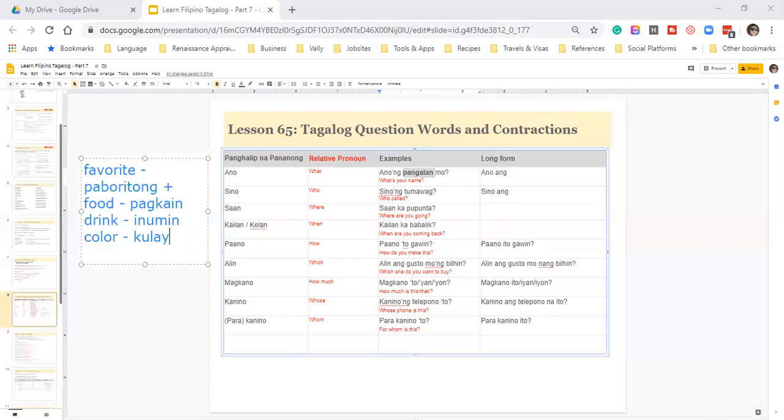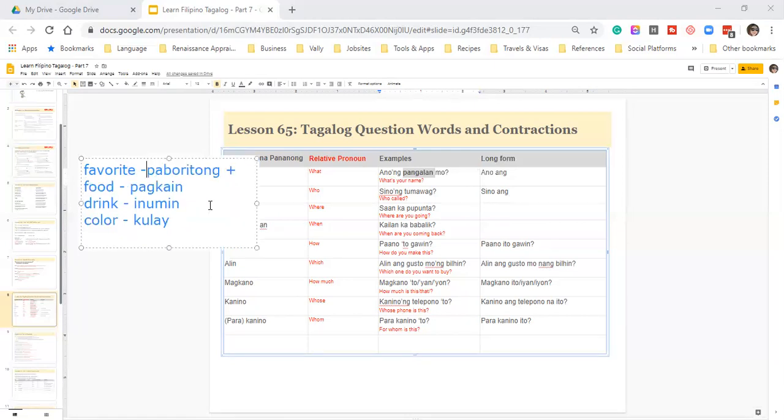Anong pagkain. You're going to use the adjective favorite also. Favorite. So, anong paboritong pagkain mo?